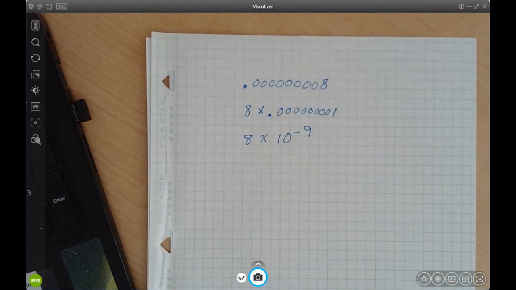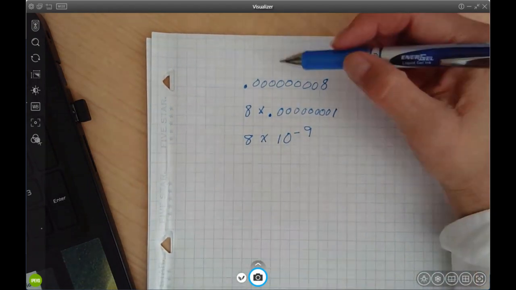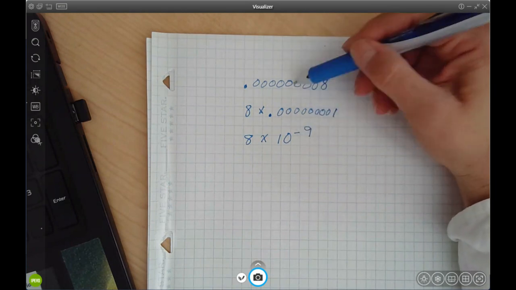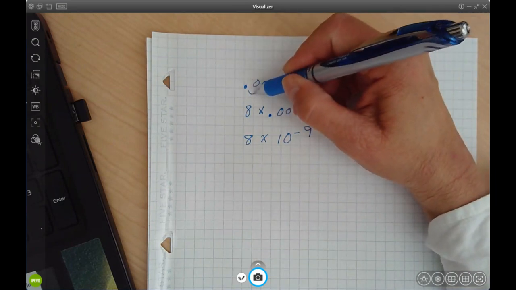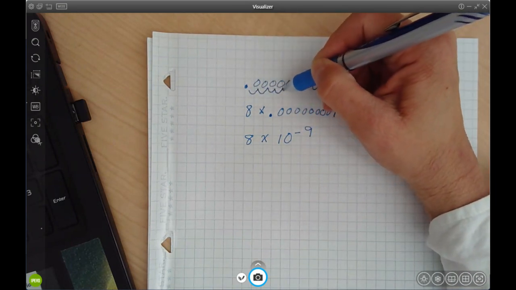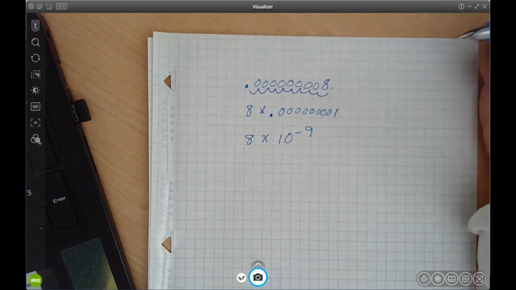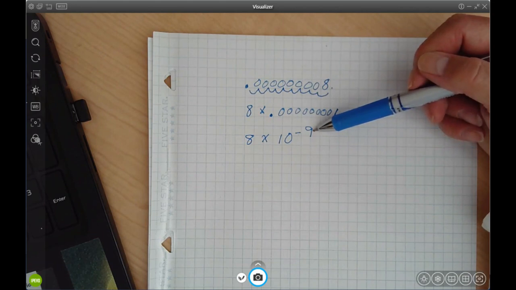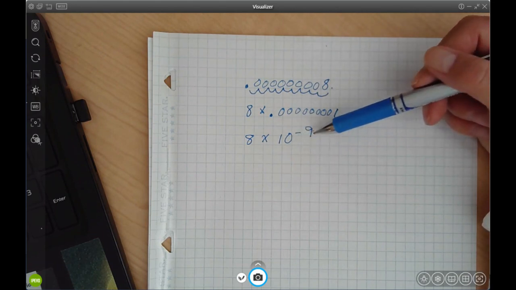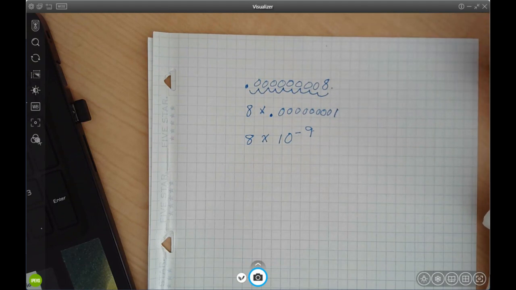And just like with really big numbers, we don't have to do this middle step. We can just count how many places we're moving the decimal. And what we're really doing is repeated division. This negative exponent means divide by 10 9 times, and we get this wee little number.